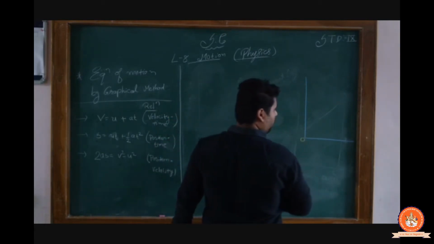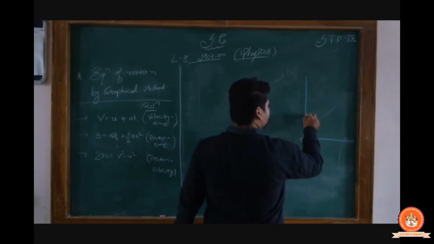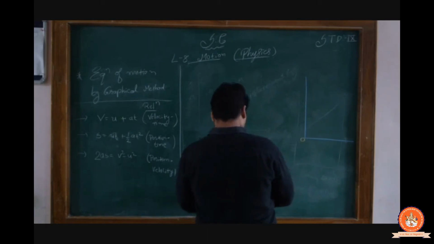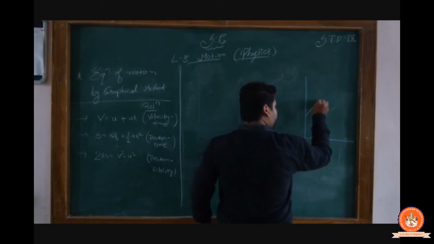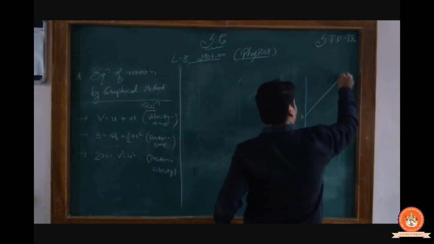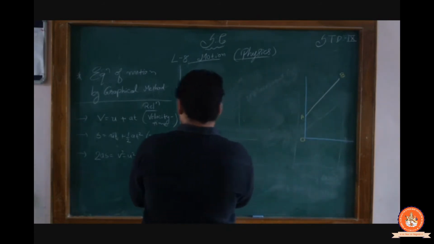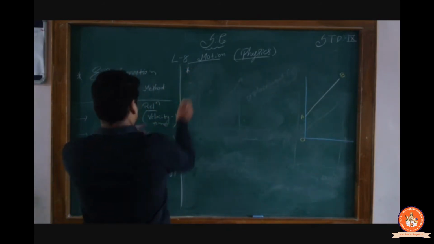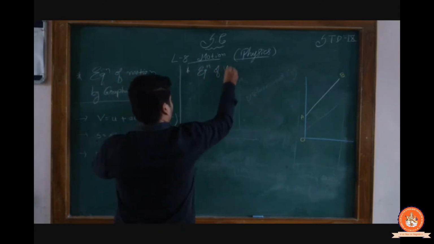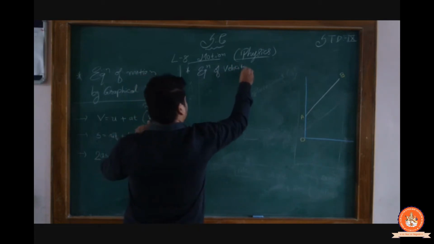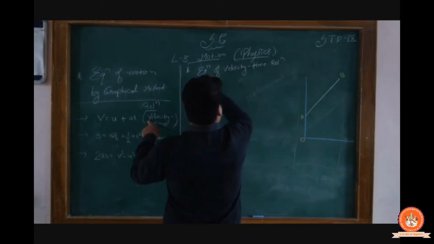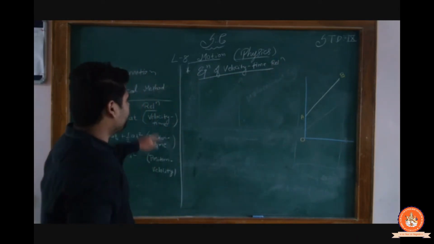Here is our O point, and suppose the particle travels from A to B. First we are deriving the equation of velocity-time relation.